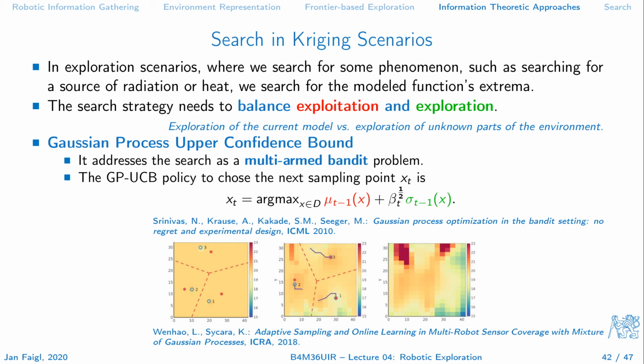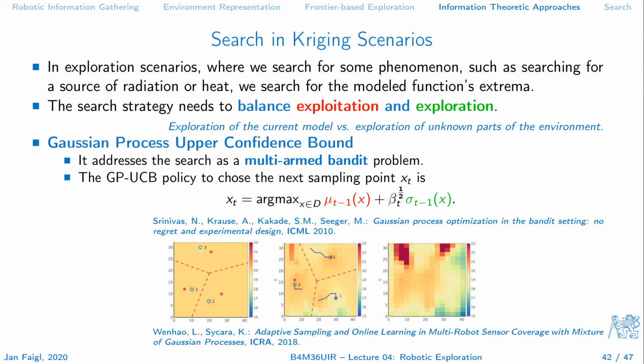So what you can actually deal with in these kriging scenarios, especially in a combination of exploration and some sort of search, because you are building the spatial model because you don't know about the environment. And on top of that, you build your phenomena model, for example, using the Gaussian process. And you are actually searching for something.